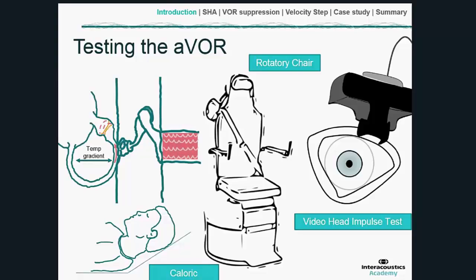And the caloric is of course a centerpiece of the traditional vestibular test battery. It's the gold standard, you might say, for unilateral deficits, because it remains the only true test that's ear specific, selective to one ear or the other, because we change the temperature in one ear at a time.